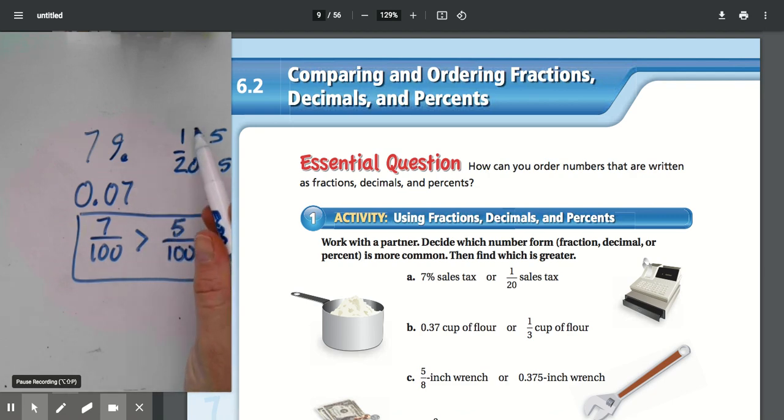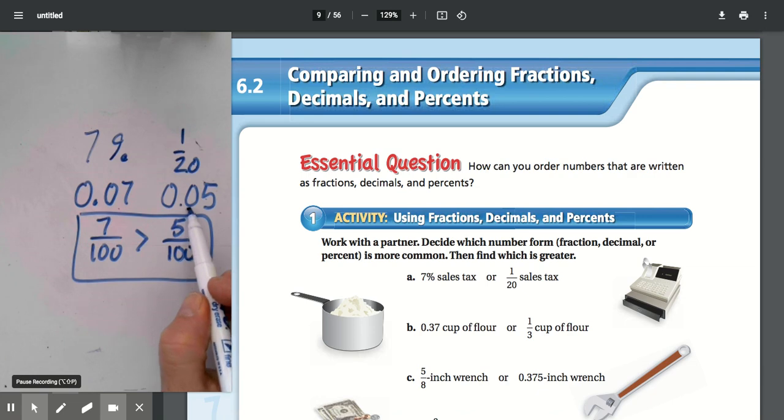Now, if you wanted to go from this form into decimal form, you could again put it in a form where the denominator is 100, and then it would look like this. You'd say 5/100ths. Okay. Remember, this is the 10th space, the 100th space, so that would be 5/100ths, that would be 7/100ths. And again, this one's still greater.